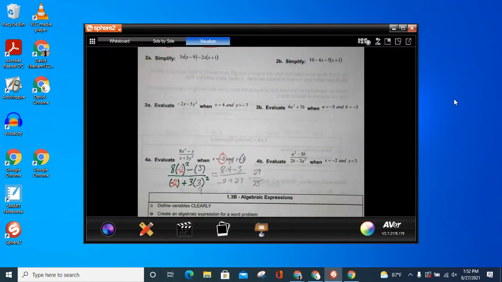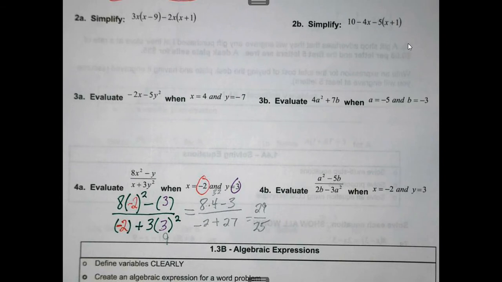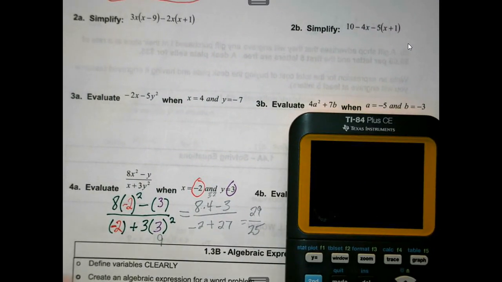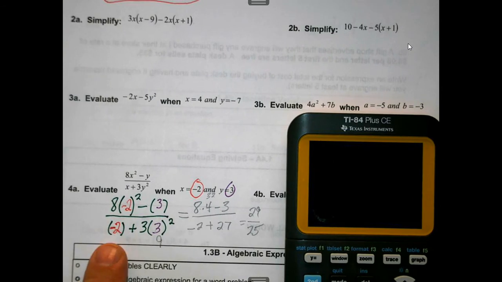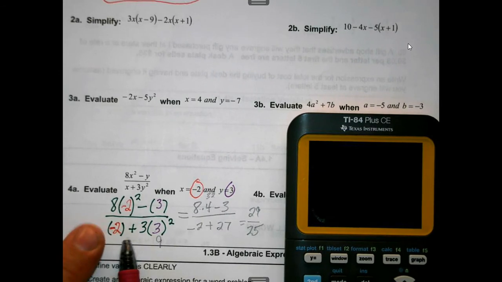All right, so everybody got their calculators? All right, so looking at problem 4A, since I took the time to put parentheses in here, I'm going to go ahead and put it in my calculator and have my calculator do everything, okay?